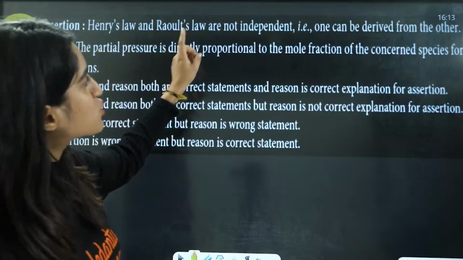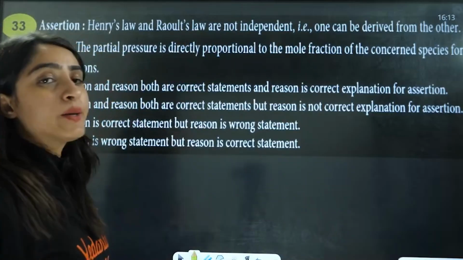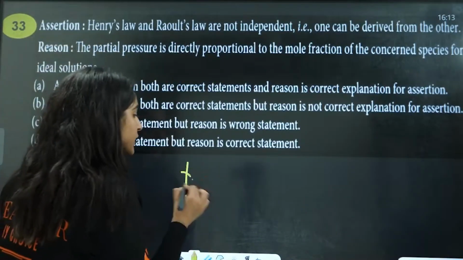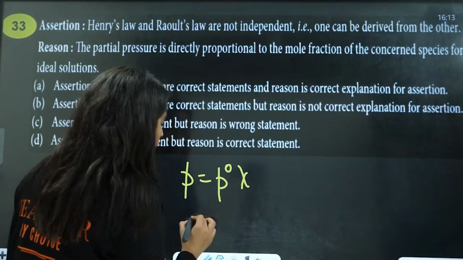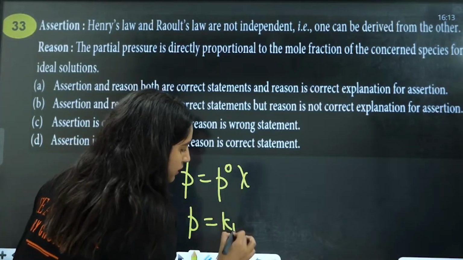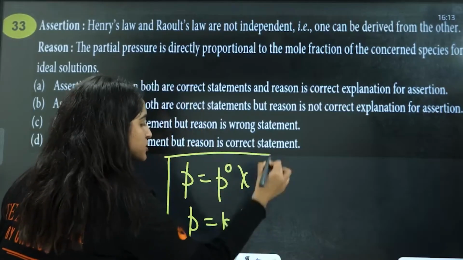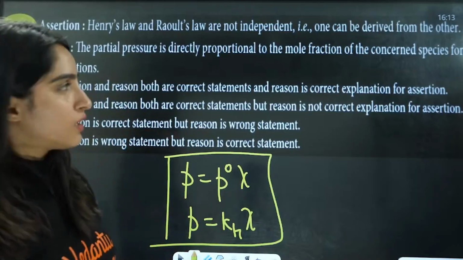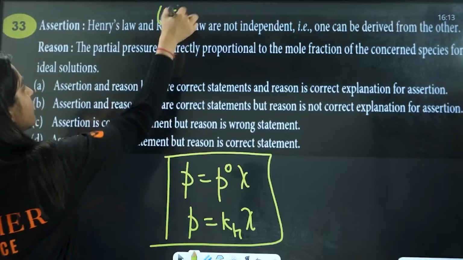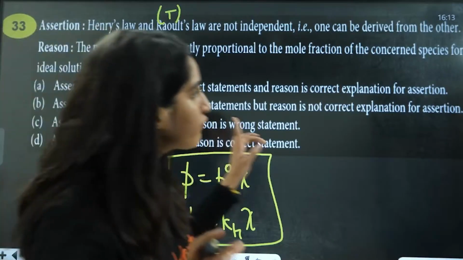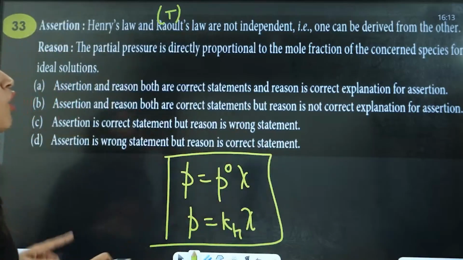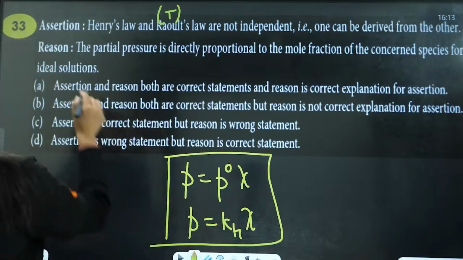Henry's law and Raoult's law are not independent; they are dependent on each other. Yes, they are dependent because P equals P naught times mole fraction. This is Raoult's law and this is Henry's law; there is just a difference in the constant here. So this is true. The partial pressure is directly proportional to the mole fraction of the concerned species for the ideal solution.